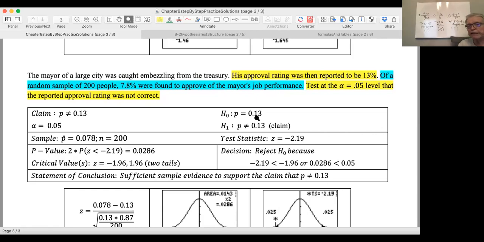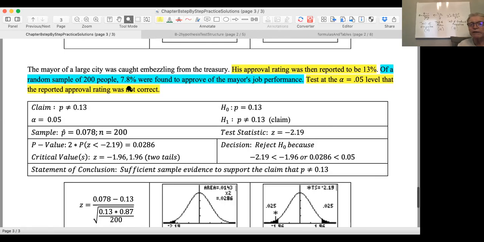We also need, again, either X and N to get P hat equals X over N, or we need P hat and N. So this problem is giving us, in the highlighted region for the sample, a sample size of N equals 200, and a P hat given to us directly. We don't have to calculate P hat. As a percent, we would have to divide that by 100 to get 0.078.